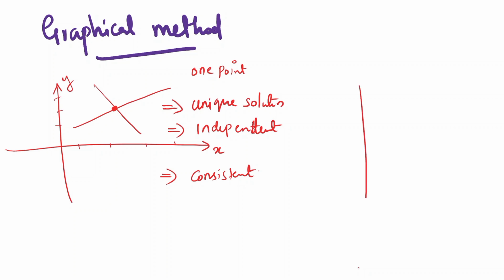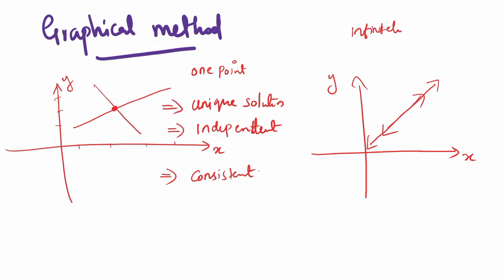There is another chance: when you draw the lines, we get two lines on the same line. The slope is the same for these two lines. Here we will get infinitely many solutions, because each point on this line is a solution, right?